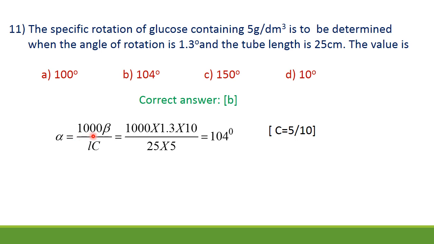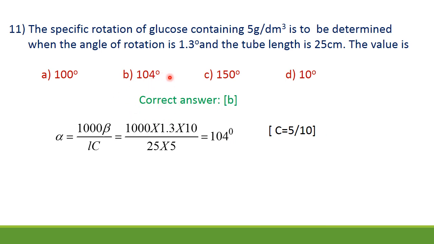Alpha equal to 1000 beta divided by L into C. 1000 into beta, which is 1.3 degree, divided by L, which is 25. Concentration is 5/10, that is what we have given here. That will be equal to 104 degree. The correct answer is B, 104 degree.